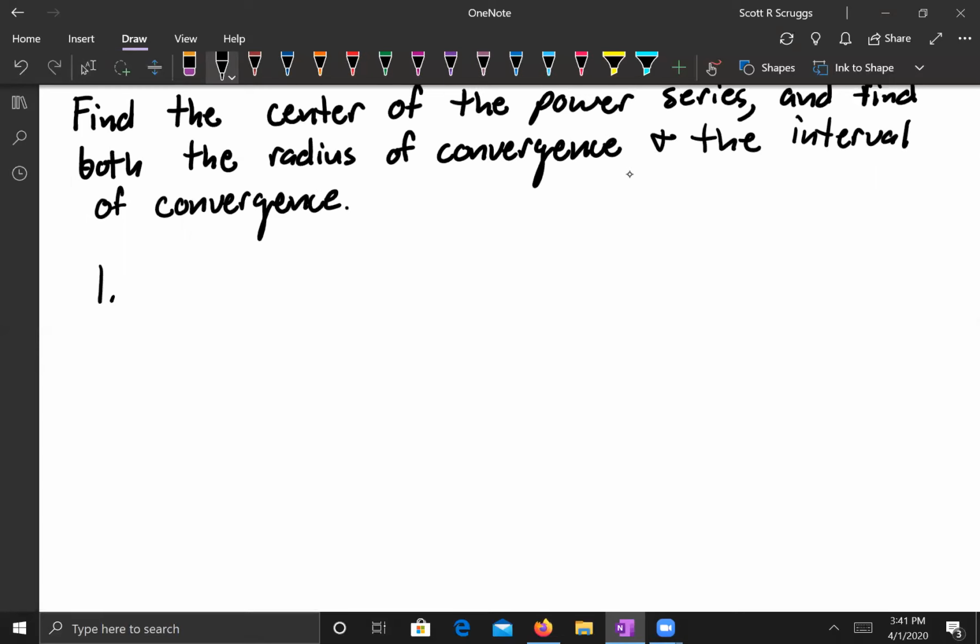The first power series that I want you to try that on is the sum, k goes from 1 to infinity, (-1) to the kth power, x to the k over the cube root of k.